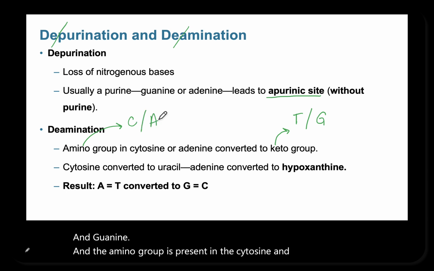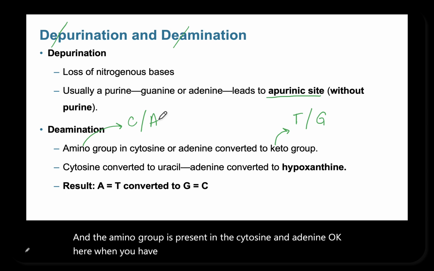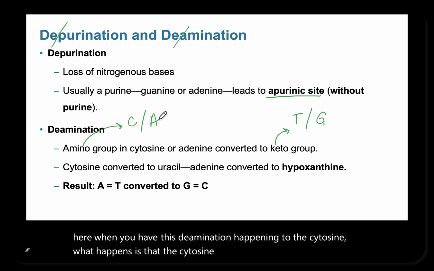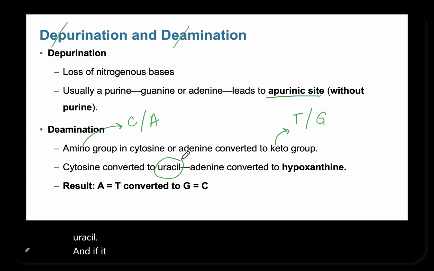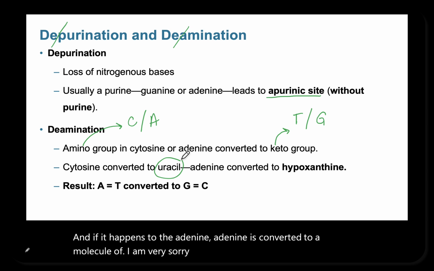Okay? Here, when you have this deamination happening to the cytosine, the cytosine is converted to a molecule of uracil. And if it happens to the adenine, adenine is converted to a molecule of... I am very sorry about pronouncing this structure right there.